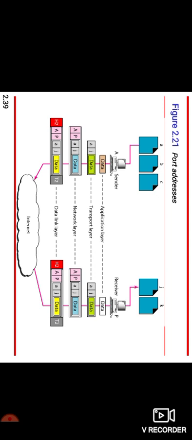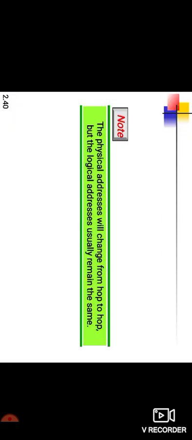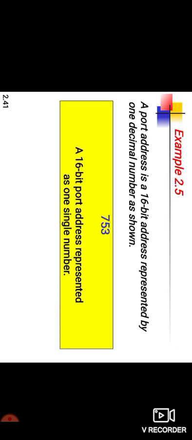Since the logical address identifies only the source and the destination, we add the port address, which identifies the source and destination processes. So the physical address will change from hop to hop, while the logical address will remain the same.